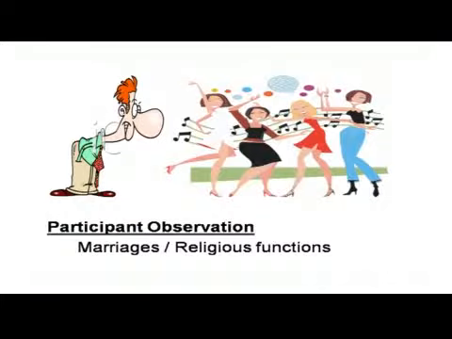There are two types of observation methods. One is participant observation and the other is non-participant observation. In participant observation, the researcher himself participates in the event, records the events and studies it.